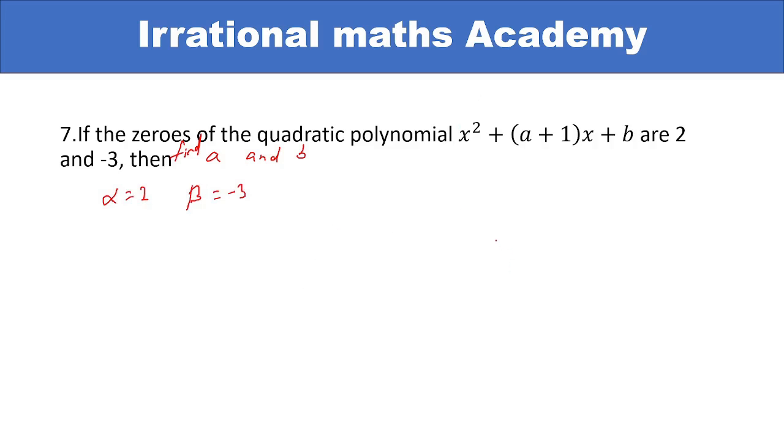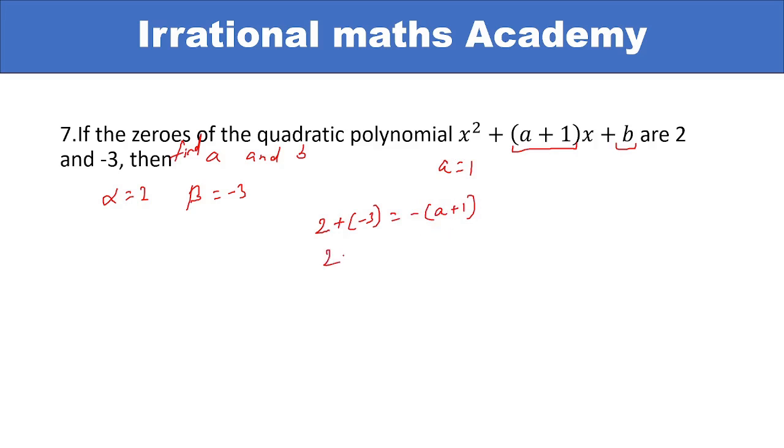So here the A value is 1. In place of B, this part is there. In place of C, this part is there. If I add alpha plus beta, 2 plus minus 3 equal to minus B by A. A is 1 only, so you'll get the same thing.